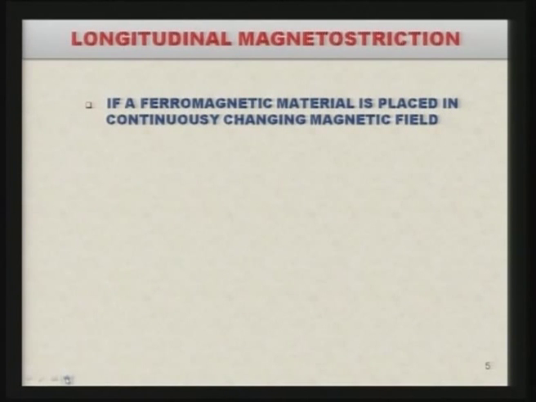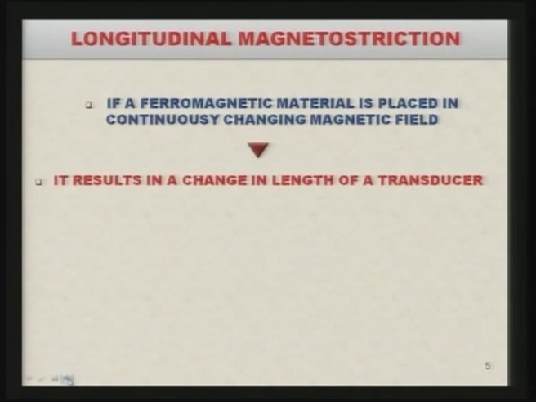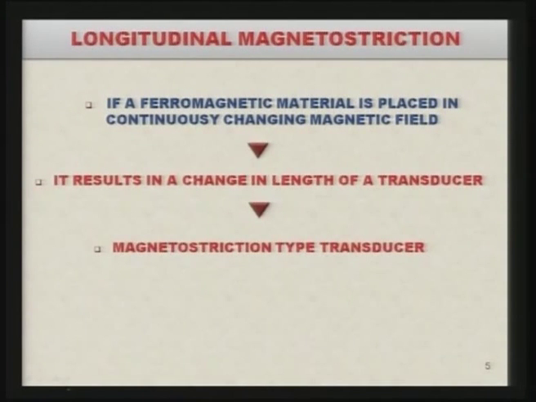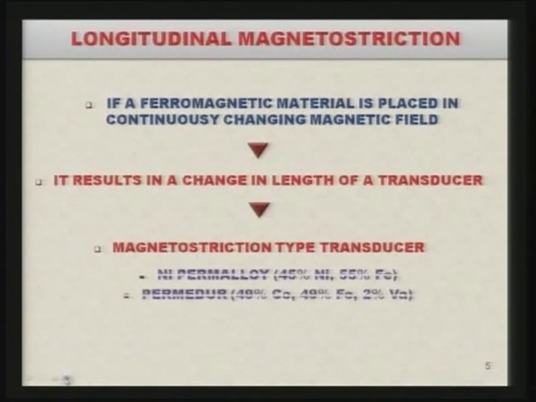Longitudinal magnetostriction. If a ferromagnetic material is placed in a continuously changing magnetic field, then what happens? It results in a change in length of the transducer that is placed in the continuously changing magnetic field. So, a magnetostriction type transducer is normally made of nickel permalloy, which consists of 45% nickel, 55% iron.